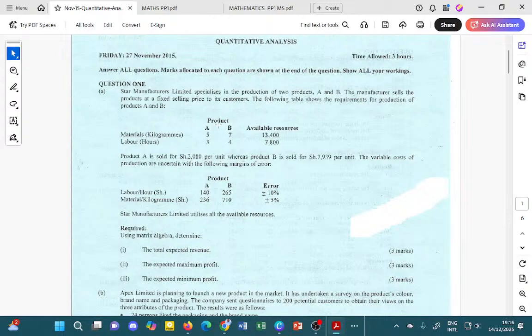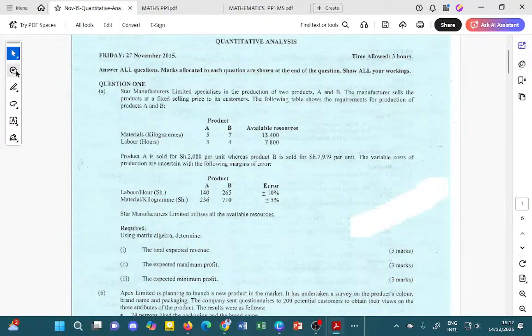There were inequalities in Form 2, and then we had it developed further to linear programming in Form 4. Now here we are told that we have two products basically. We have product A and we have product B.